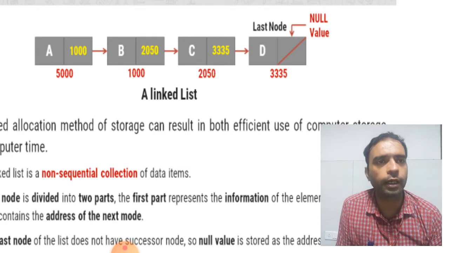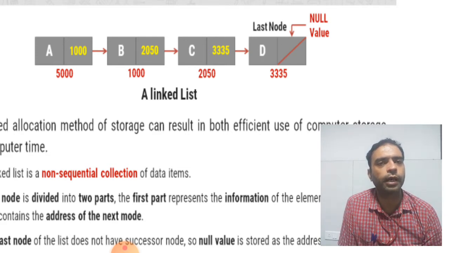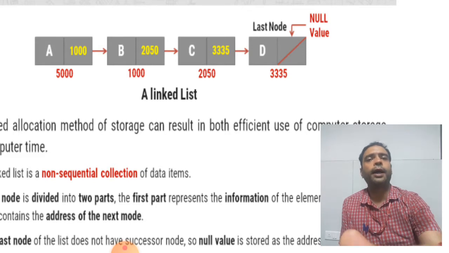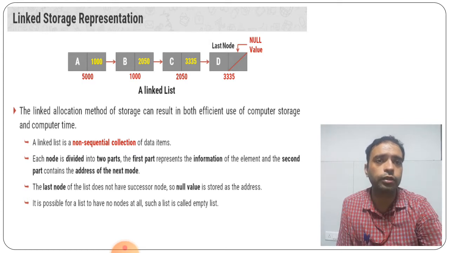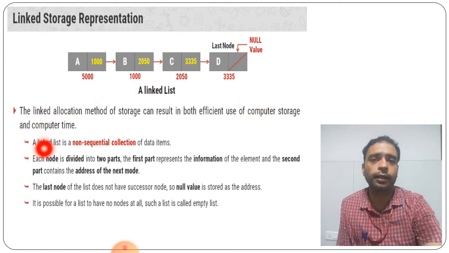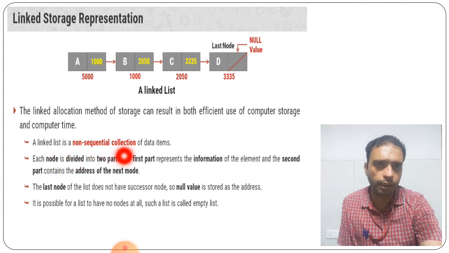So this is a linked list in which the nodes are sequentially arranged according to the address given in each and every node for the next node. This linked allocation of storage can result in both efficient use of computer storage and computer time. The linked list is a non-sequential collection of data items.